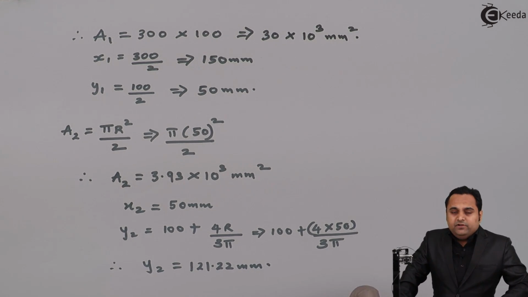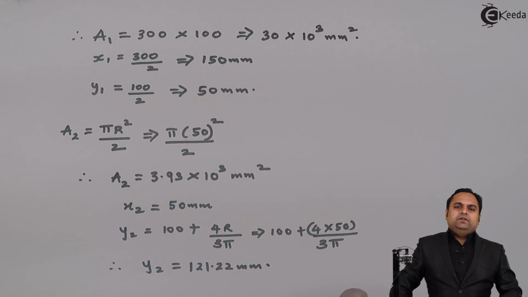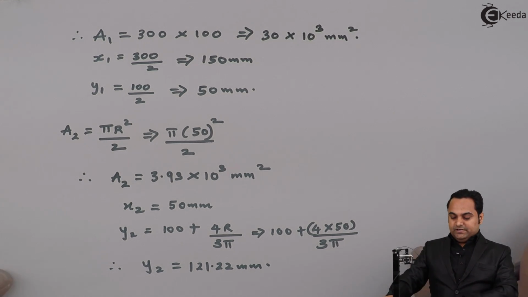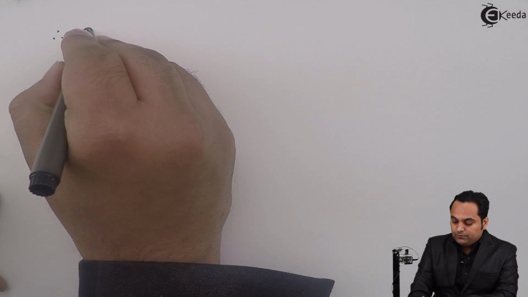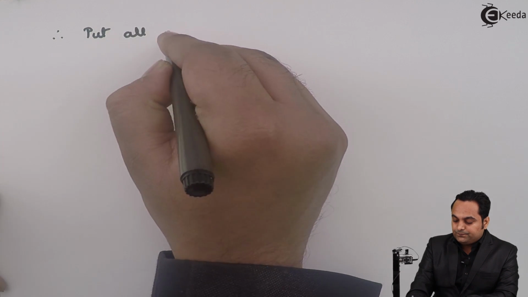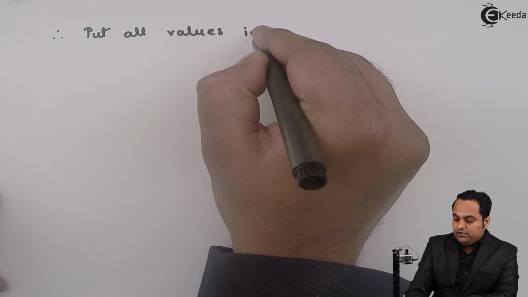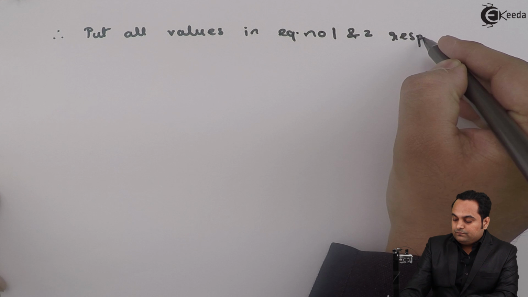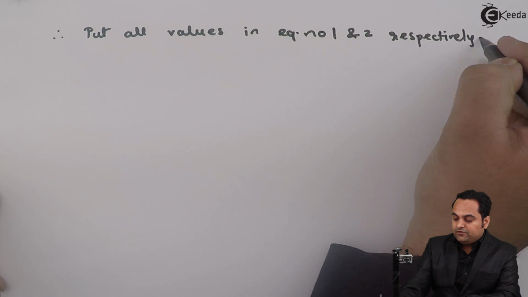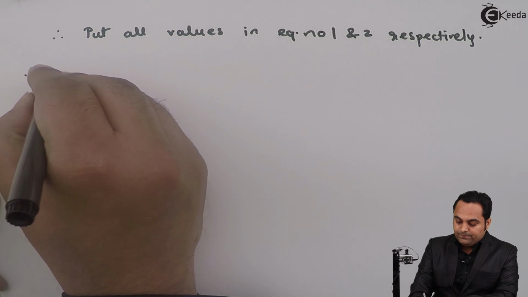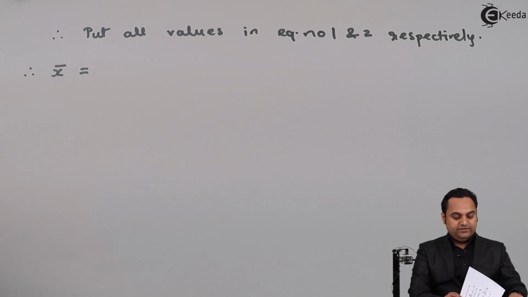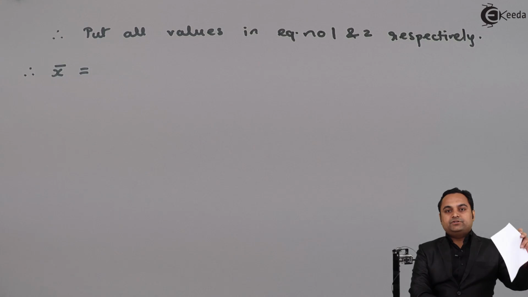Now after we have got these values, we can put them in equation 1 first to get x bar, and then in equation 2 to get y bar. So here I'll say that therefore put all values in equation number 1 and 2 respectively. So therefore the first thing is x bar, that will be, it was a1 into x1 plus a2 into x2.